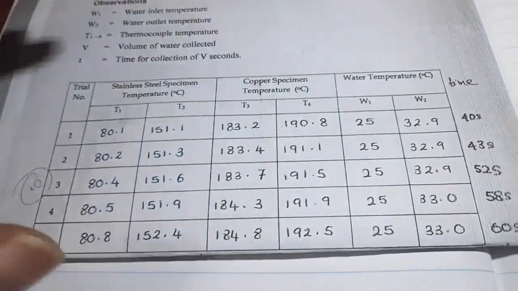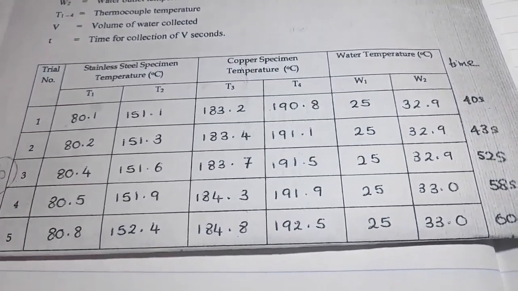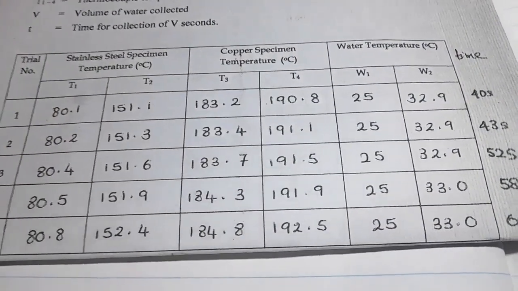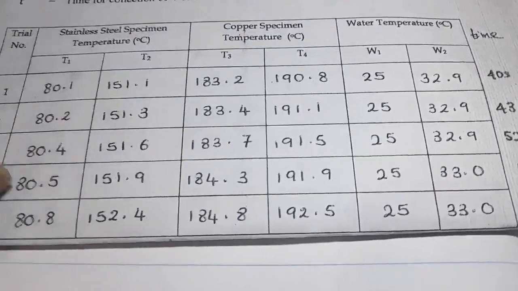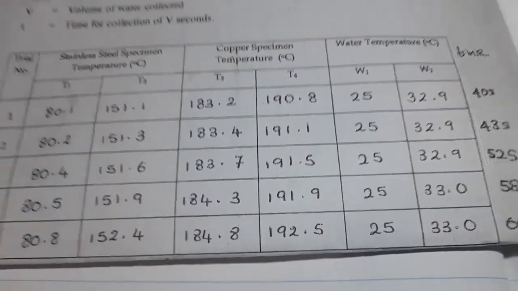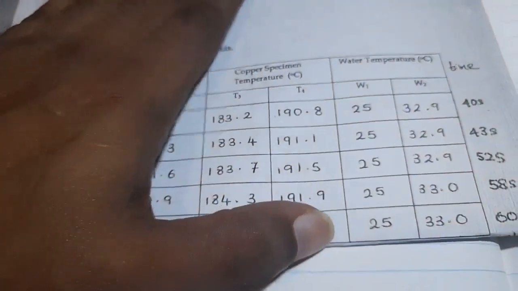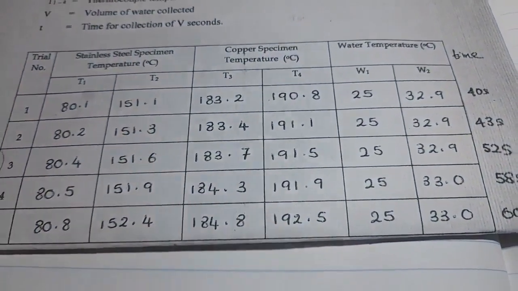Now here I want to tell you something. Actually, these observations are taken from the thermal conductivity apparatus where the top material, the material having the highest thermal conductivity, is copper. There are several types of equipment. So actually these results are taken from the apparatus where the top material is copper.